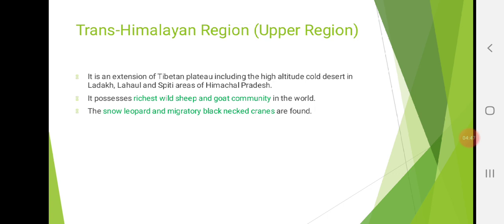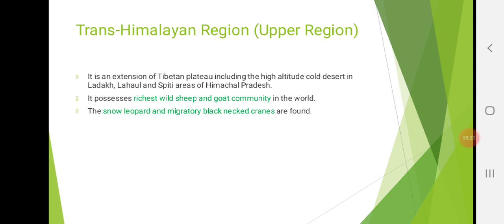This zone has sparse alpine steppe vegetation that harbors several endemic species and is a favorable habitat for the biggest population of wild sheep and goat in the world, and other rare fauna that include the snow leopard and the migratory black-necked crane. The cold, dry desert of this zone represents an extremely fragile ecosystem.